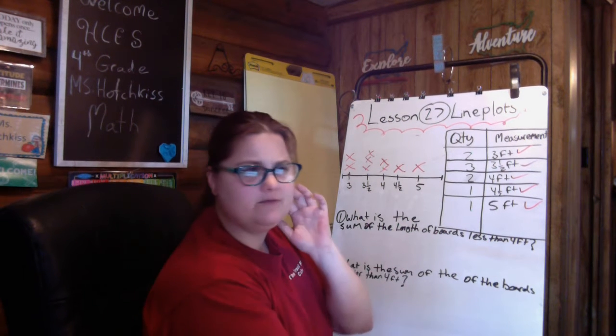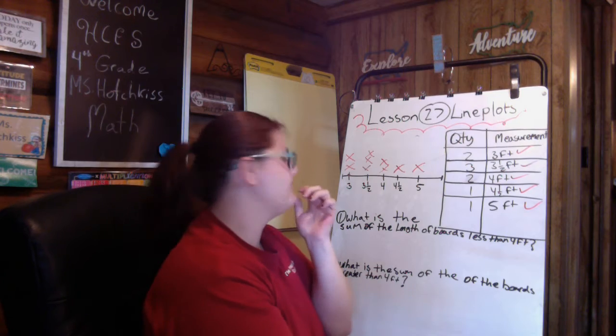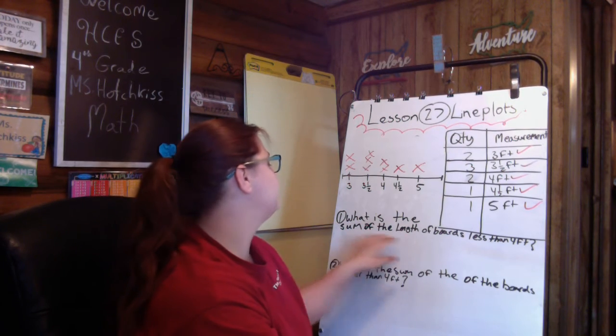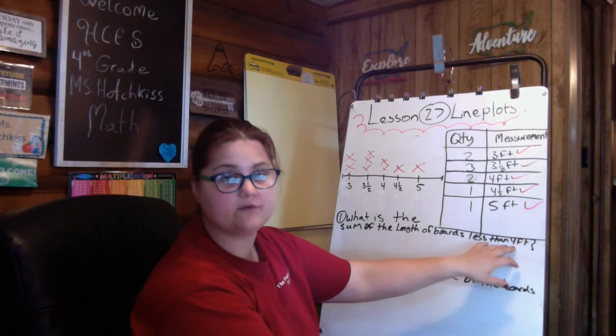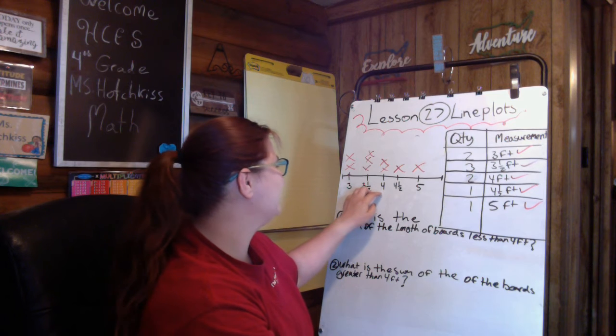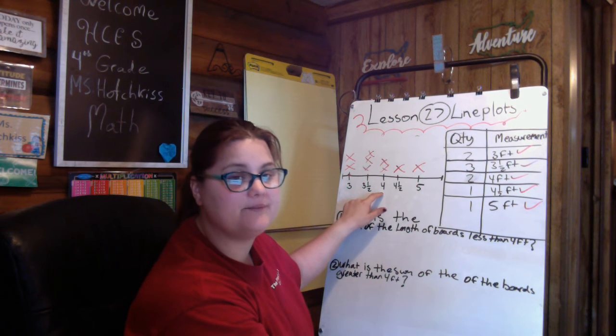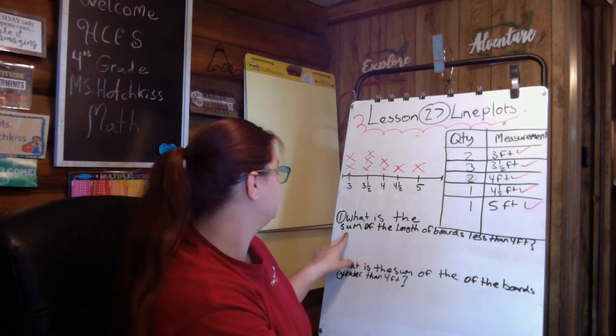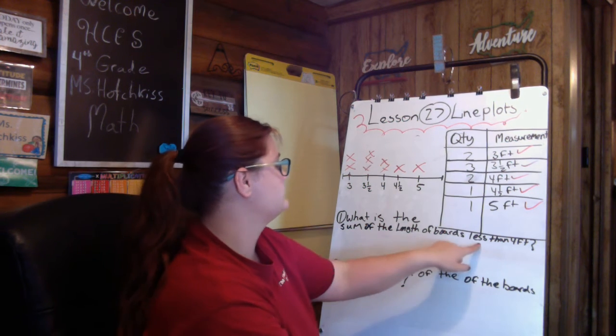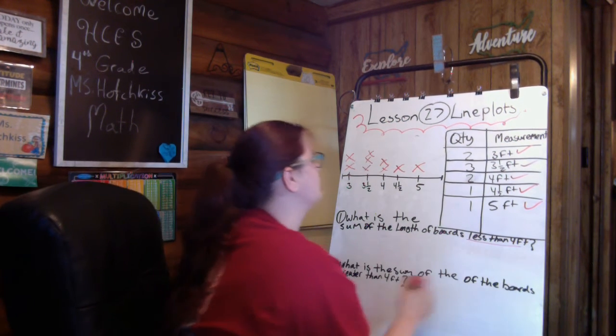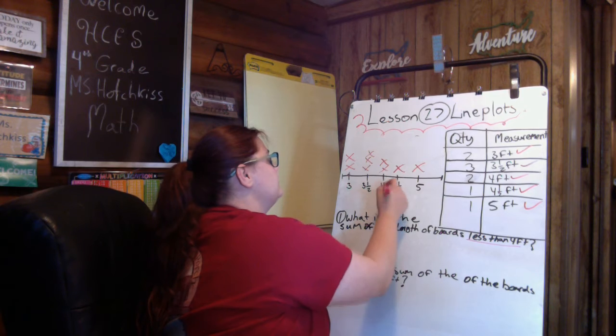When you come across questions on the FSA like, what is the sum of the lengths of boards less than 4 feet, and they present it in a line plot, you have to be able to read that line plot. So let's try and answer this. What is the sum of the lengths of the boards less than 4 feet? So it's not equal to 4 feet.